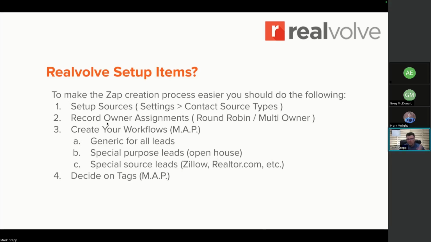The other thing to think about, and it's certainly not necessary, especially if you're just a single agent, is this: if you're part of a team and you are maybe the lead maker, the drip builder, whatever, you may be allotting out leads in a round robin format or some kind of option where you're giving the leads out to your teammates.